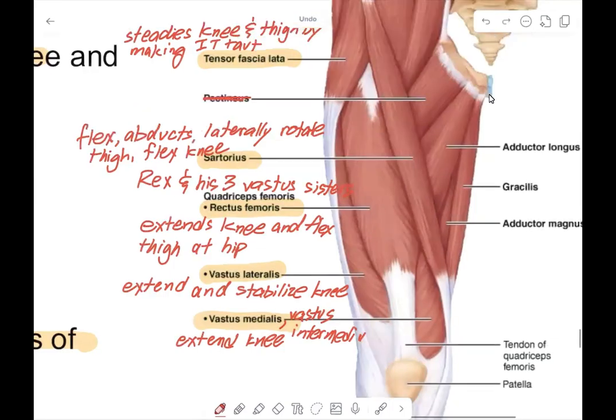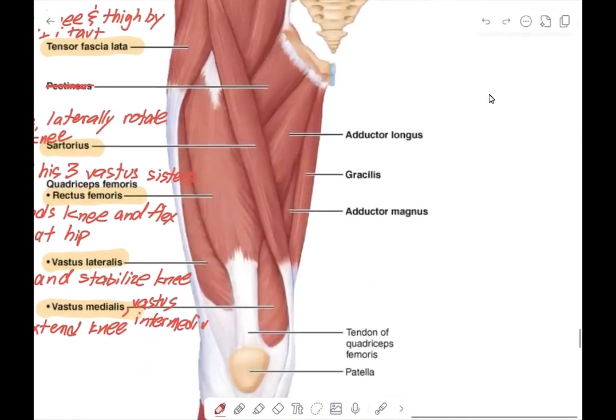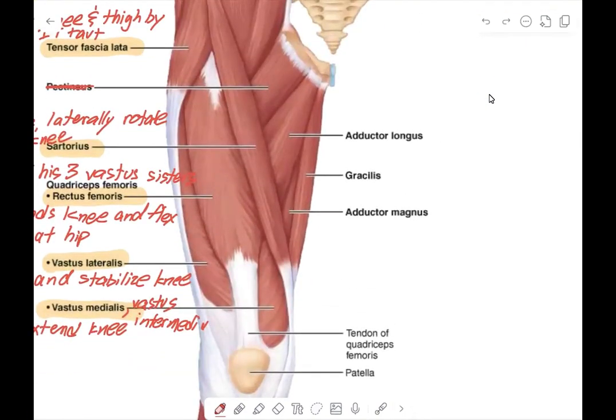Now, when we look at the right side of this diagram, we can see the adductor longus, and the adductor longus is going to adduct because it's on the medial side. It's going to flex, and it's going to medially rotate the thigh.